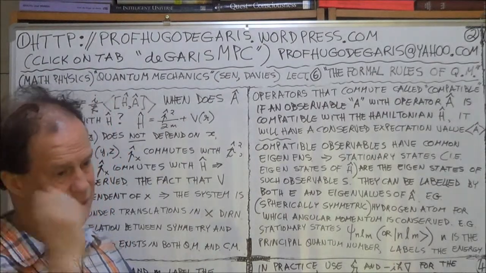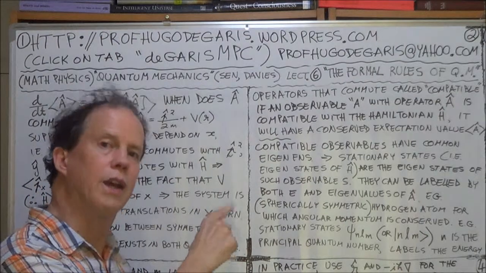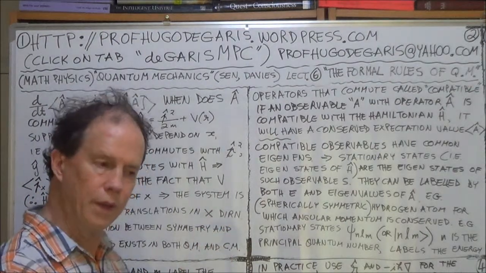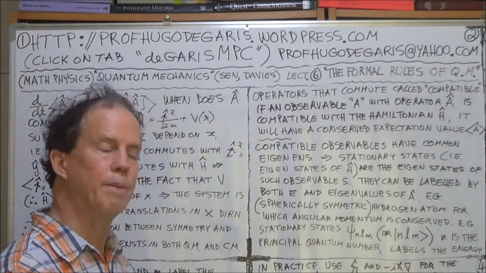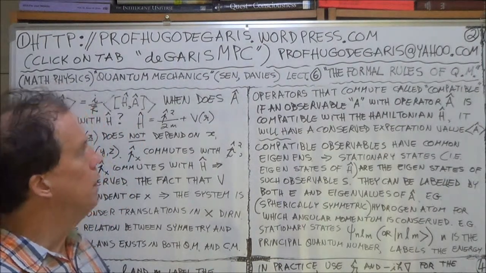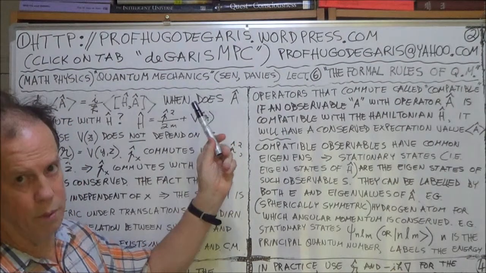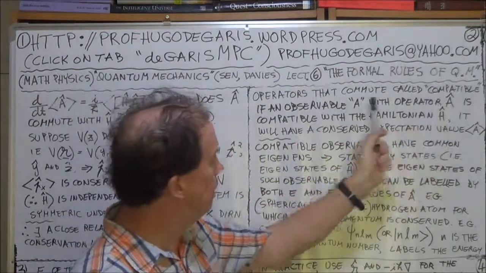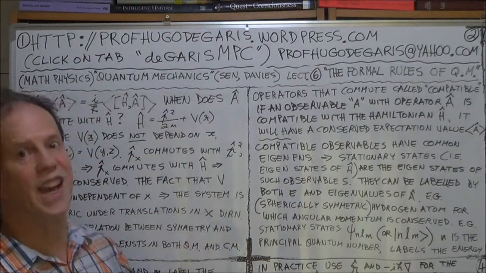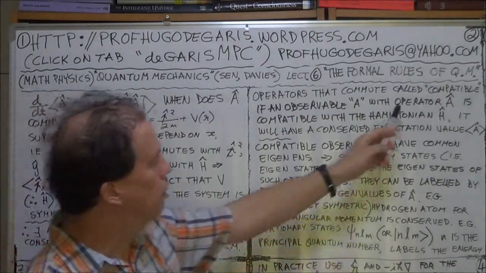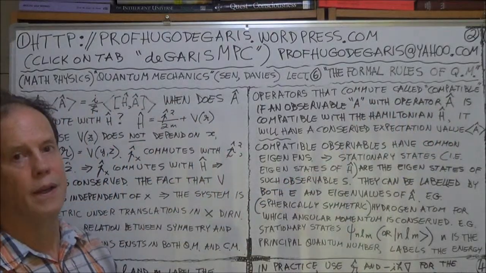The commutator, written with square brackets, A hat, comma, B hat, is defined as A hat B hat minus B hat A hat. If that commutator is 0, then the two operators, A hat and B hat, are said to commute. And those two observables, A and B, are called compatible.